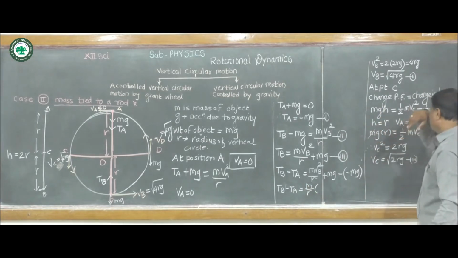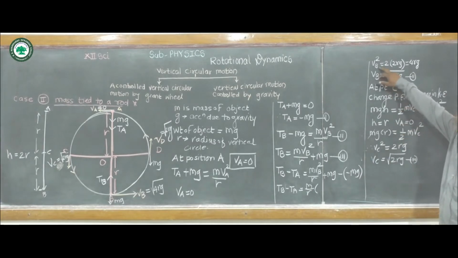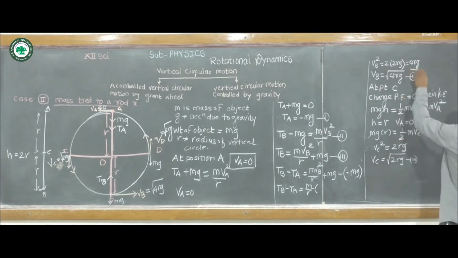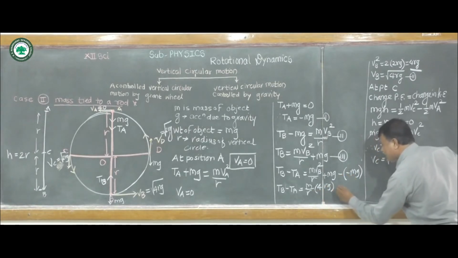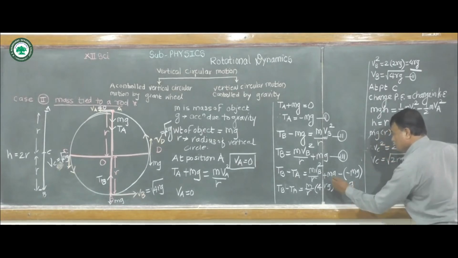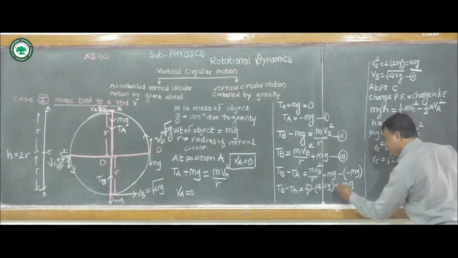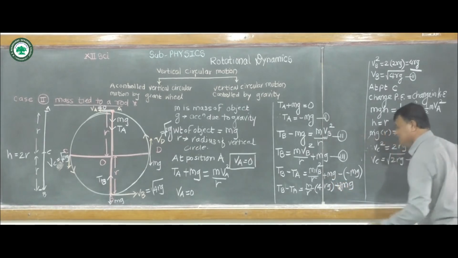Now we know that the value of Vb square is equal to 4rg. We substitute the value of Vb square, that is equal to 4rg. So m upon r into Vb square is 4rg. This minus minus will become plus mg. So plus mg, that is equal to twice mg.